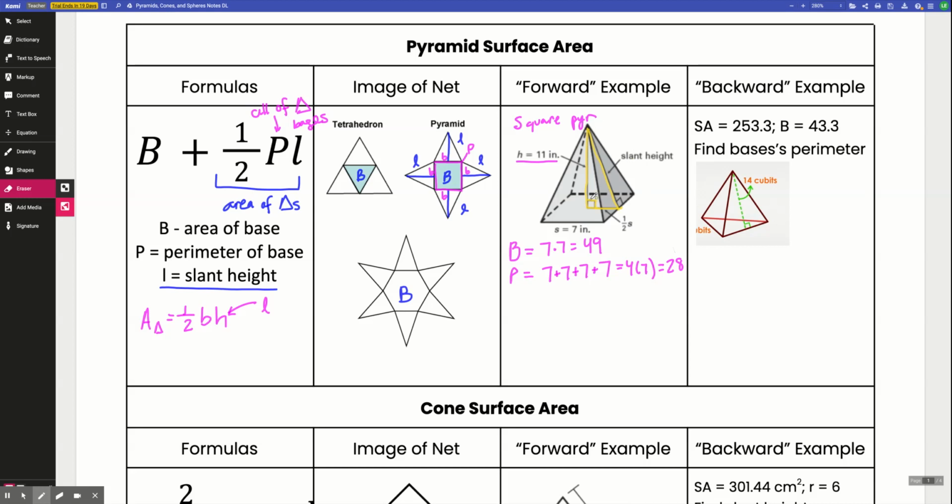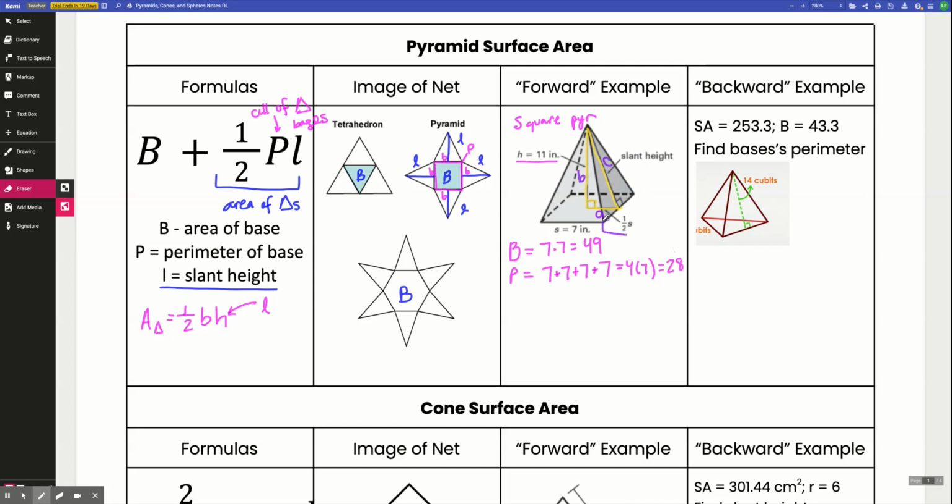Oh, hold on, let me change my color there. That's almost impossible to see. So I can think of this as a right triangle where I'm looking for some information, where this would be A, this would be B, and this would be C in the Pythagorean theorem.